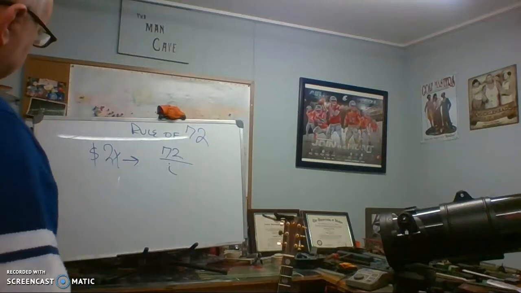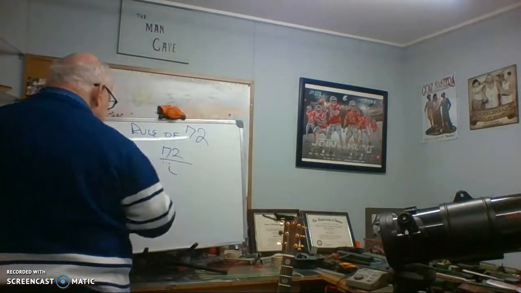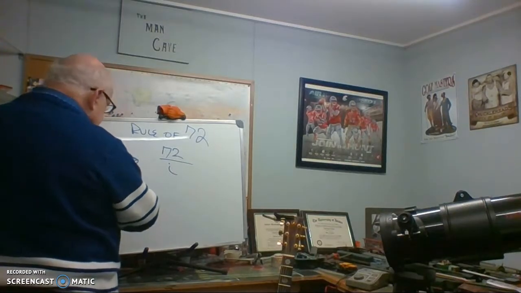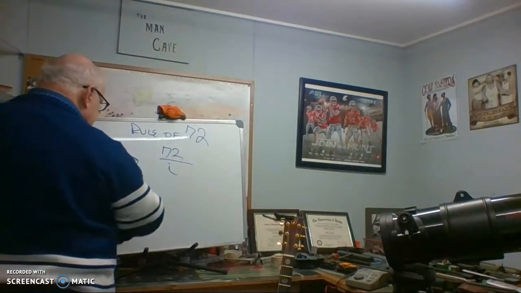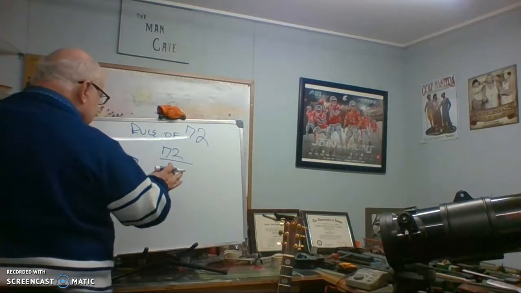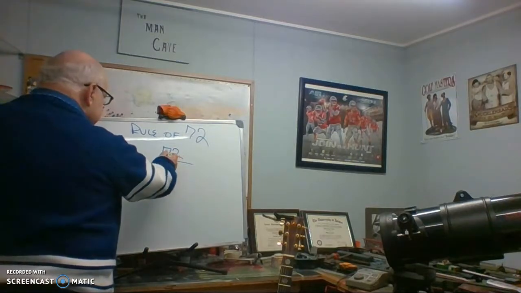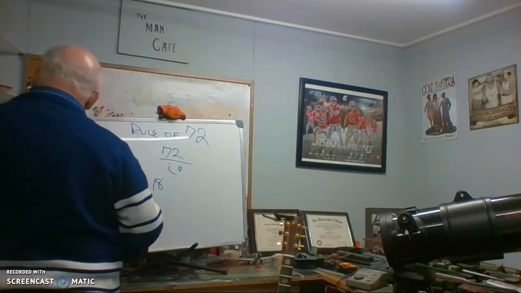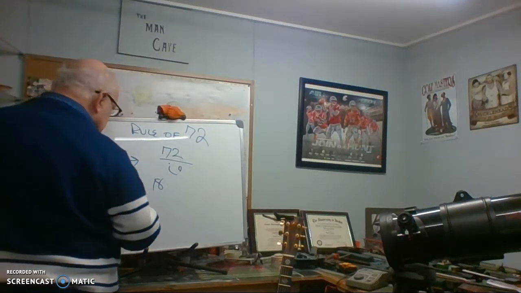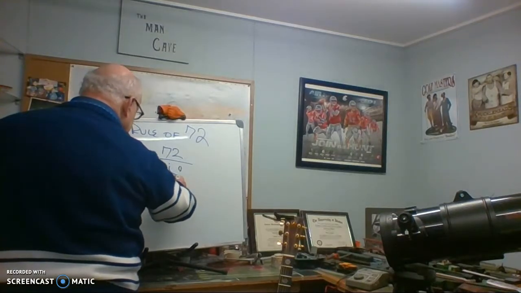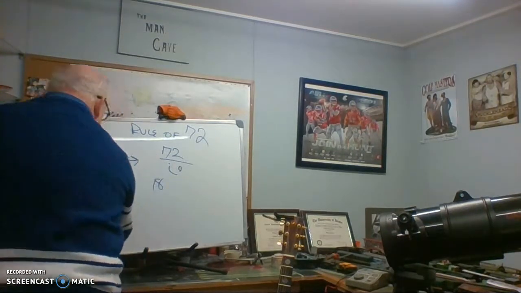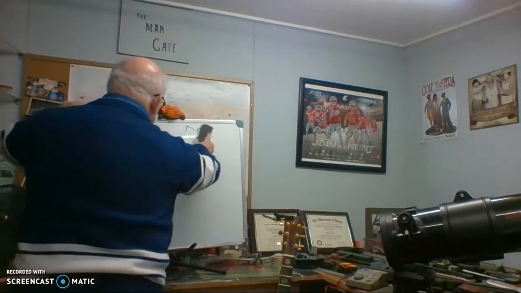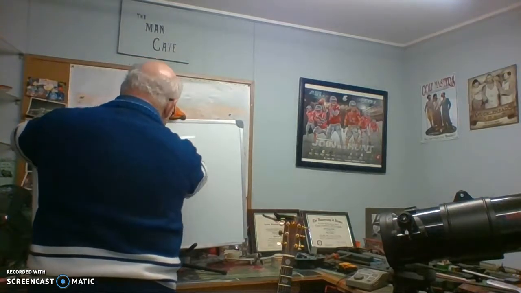Say you had $100,000. Well, if you put it in a savings account or some CD or some investment instrument that had an interest rate of, say, 4%, 72 divided by 4 is 18. So in 18 years, if you didn't touch it, you would have $200,000. So that shows how much difference even a few percentage points makes.